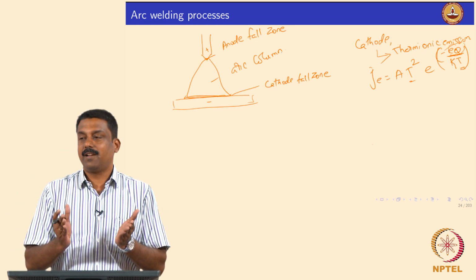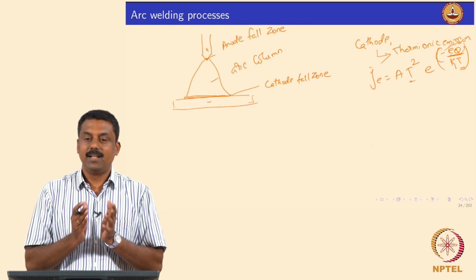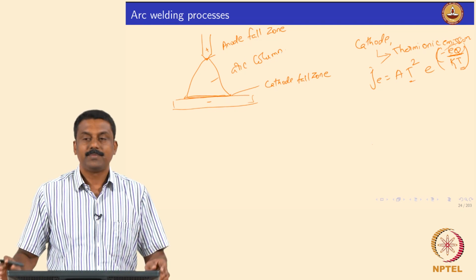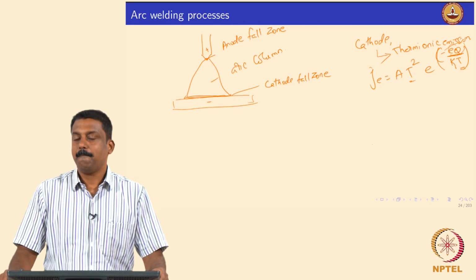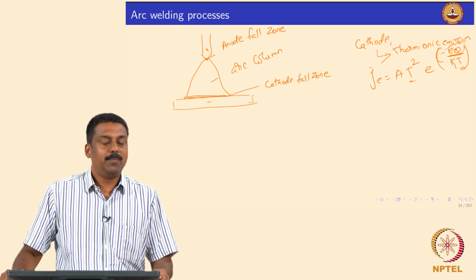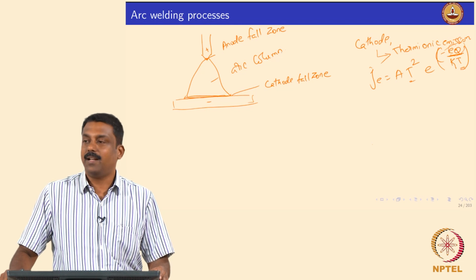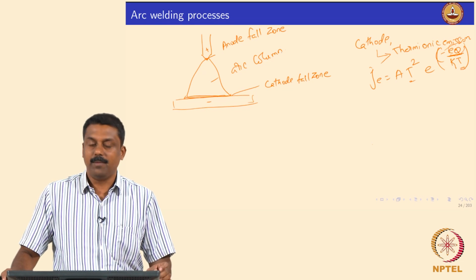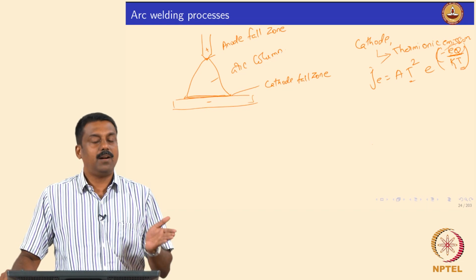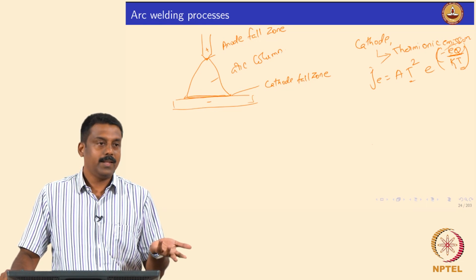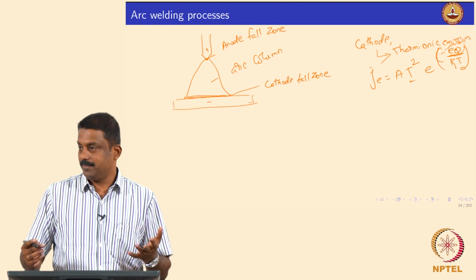In most arc welding processes, the arc is electrically negative, because it contains more electrons than ions. But you can assume that in a typical arc column, the kinetic energies of the charge carriers, the electrons and ions, are the same, because there is mutual collision.